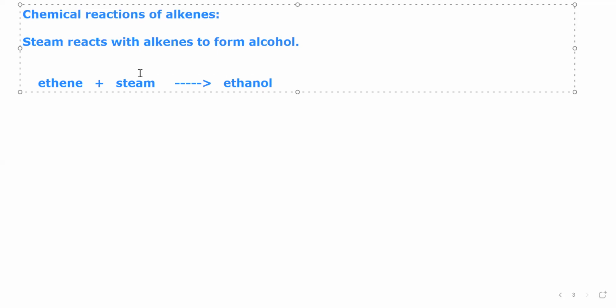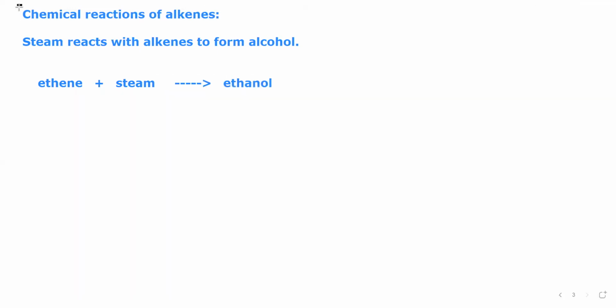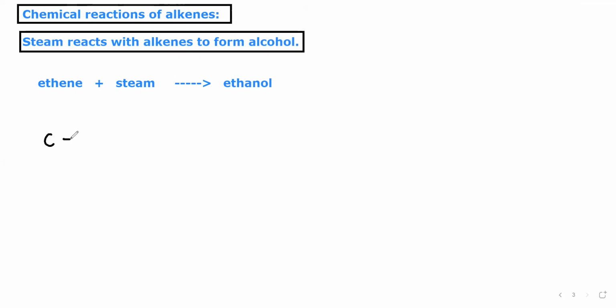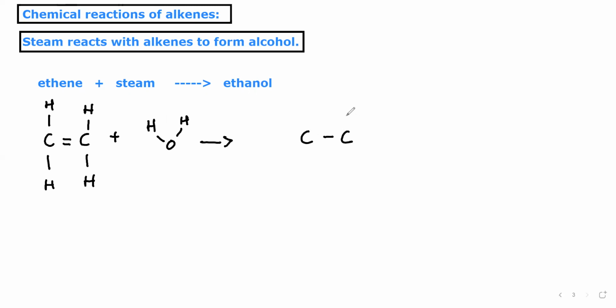Let's write the structural equation of it. In this reaction also, we have reaction conditions that we need to remember. Ethene, C2H4, then we have steam, H2O, and we have ethanol, C2H5OH.